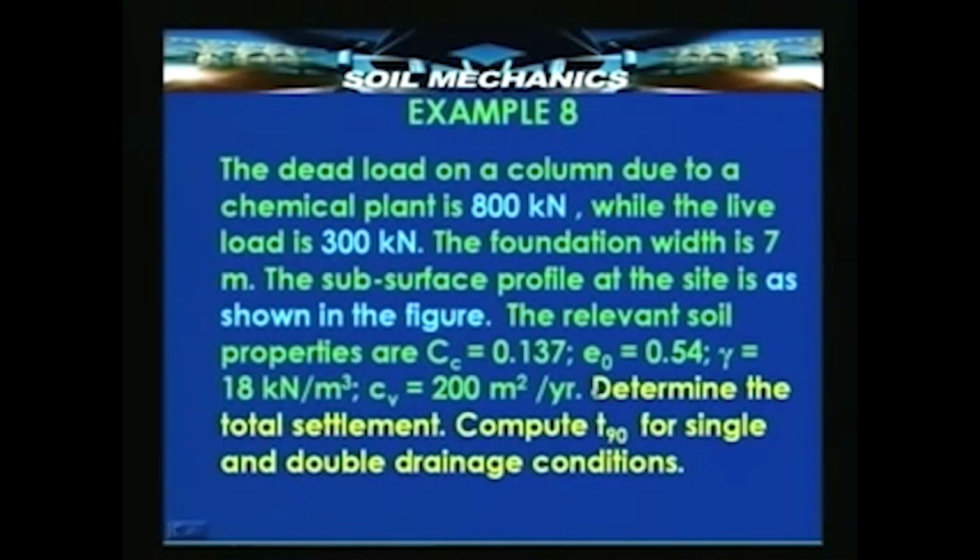You will see a soil profile shortly. Samples were extracted from the compressible layer of that soil profile and they were tested in the odometer to get the compression index. The compression index, the initial void ratio of the soil, unit weight and the compressibility parameter CV are all known.